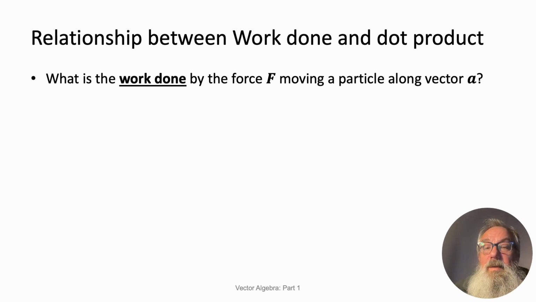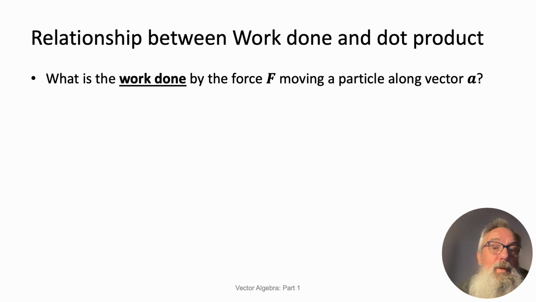We can relate work done by a vector along another vector. So if force is represented by a vector and we have a direction along which a body moves due to that force, we can use the dot product to calculate the work done.